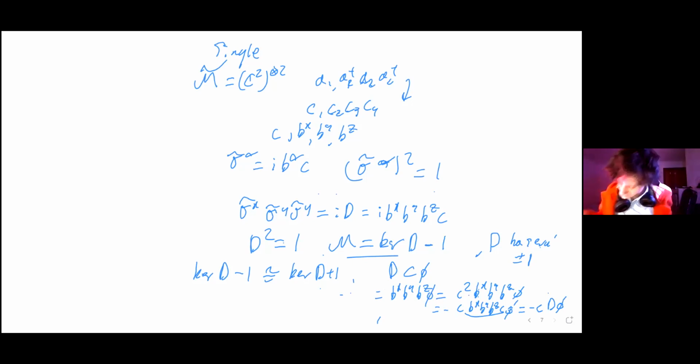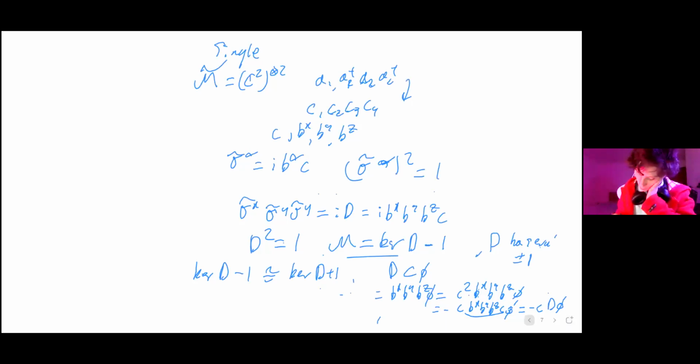So doing that means that you can use C to interchange plus or minus eigenvalues of D, and this shows that they're isomorphic.